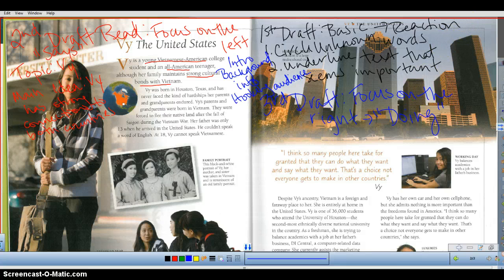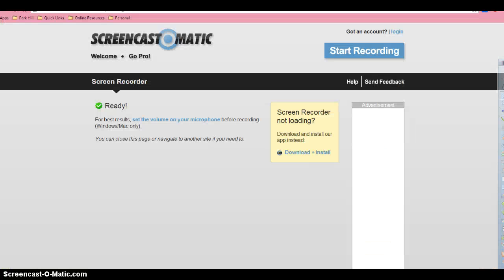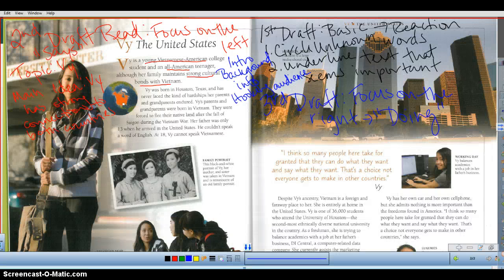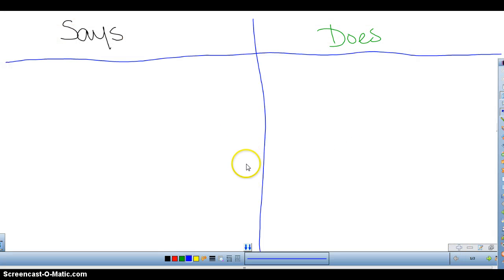So if I look at this, okay, I can start a chart of what the author says and does so I don't have to worry about so many messy scribbles all over my paper.